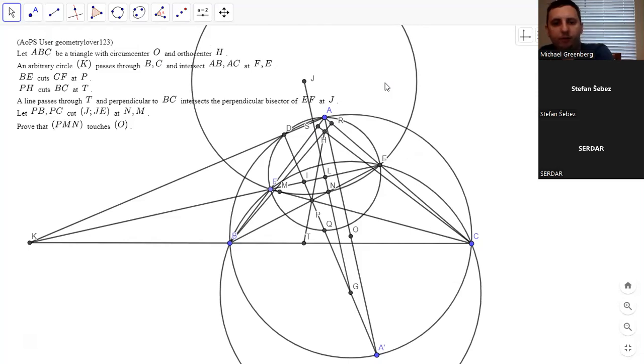So it is a very general figure, right? It reminds me a little bit of a different problem, but I don't think it's actually a generalization.